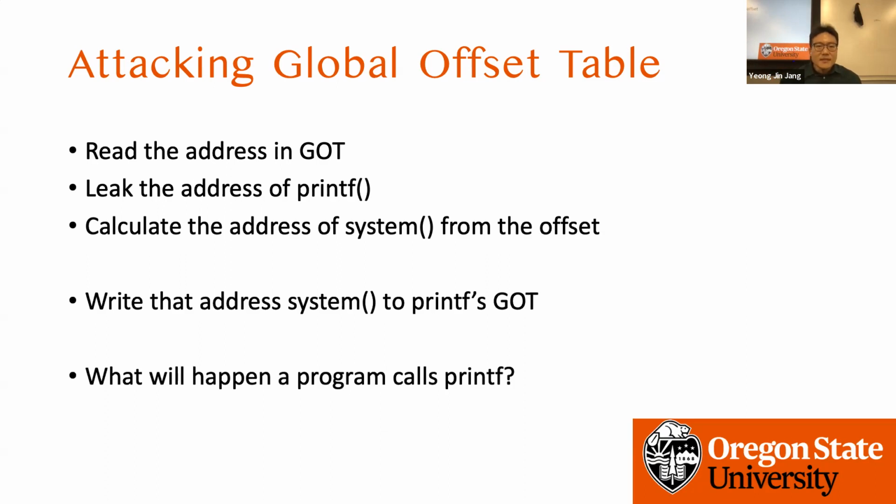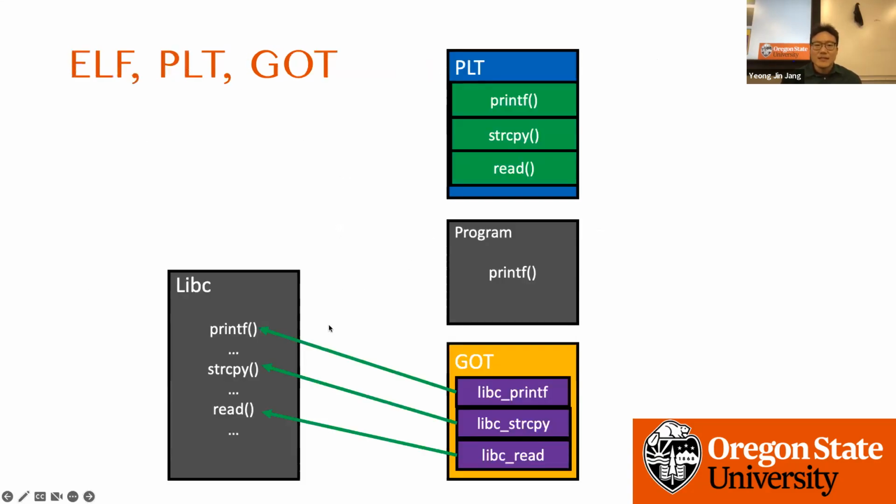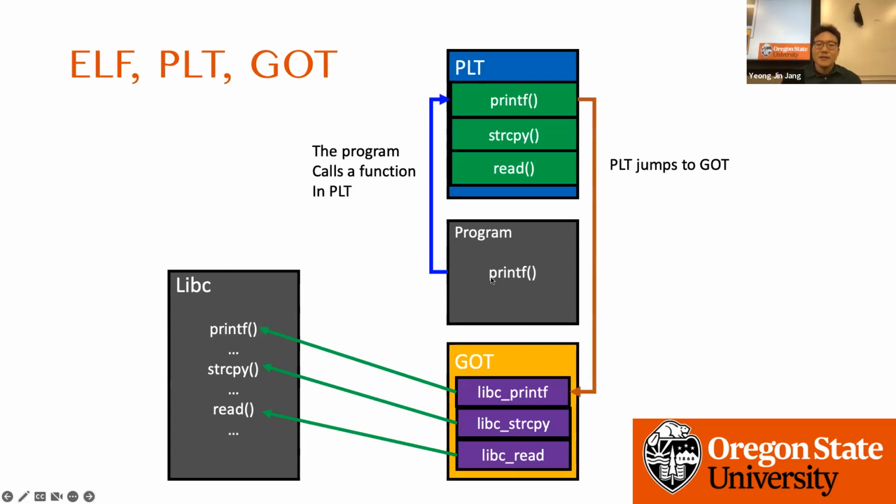Suppose you overwrite the printf GOT entry with the system's address. In the normal case, if the program calls printf, it will jump to the GOT entry value, so it will call printf.